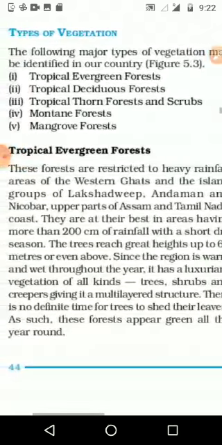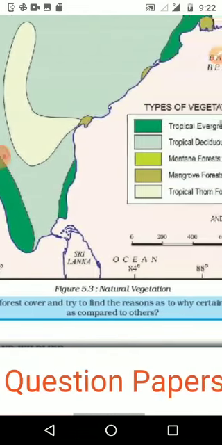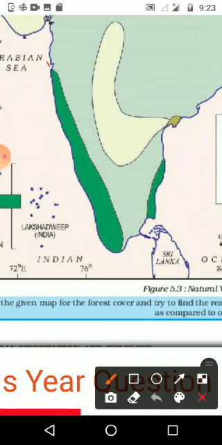It is given in the map here. Again, if you go down, you can see the tropical evergreen forest given in dark green. Look here, in the coastal area, in the part of the Western Ghats, it reaches up to near Mumbai, up to that area we can see the tropical rainforest.